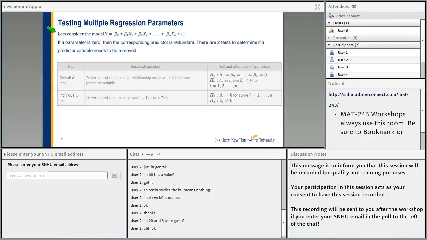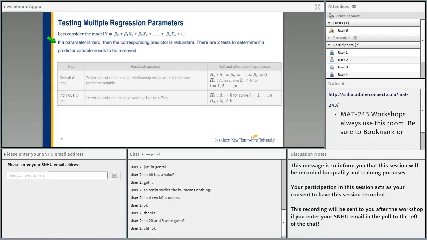Next part is testing the multiple regression parameters. So let's consider the model y equals beta 0 plus beta 1 x1 plus beta 2 x2 up to beta n xn plus epsilon, which is the regression error. If a parameter is 0, then the corresponding predictor is redundant.